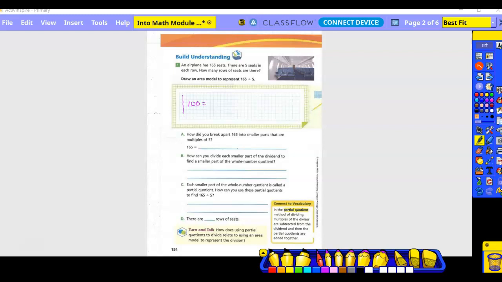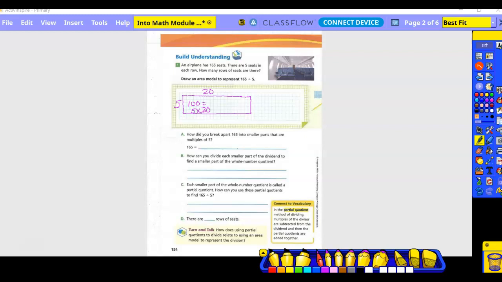So I took 5 times what to get 100? 20. Then I have to go across 20 little boxes. Right there is 100 boxes, with 20 across the top and 5 down the side. Now we're left with 65.